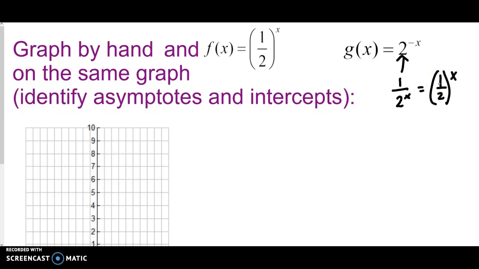Graph those on the same graph, which now I just kind of spoiled for you. They're the same thing. Sorry, I shouldn't have done that. Then go ahead and identify the asymptotes and intercepts. So go ahead, put me on pause and do that.